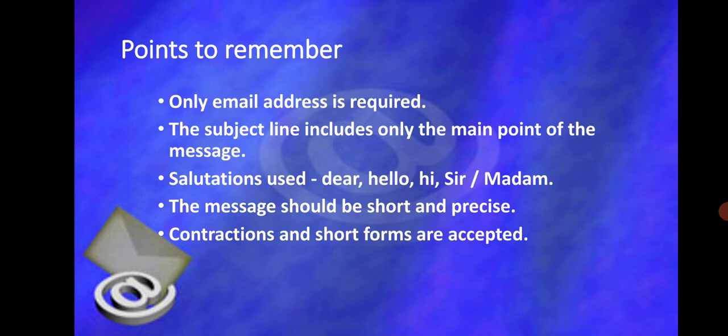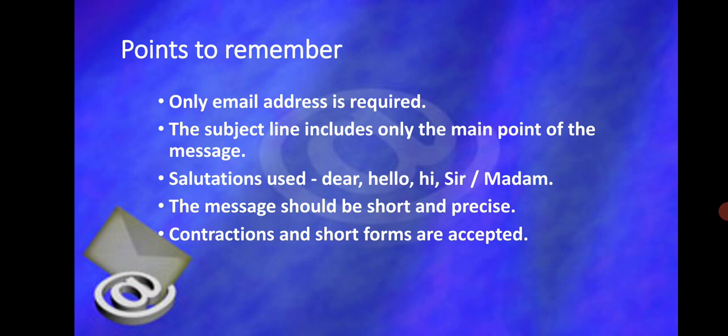It is also important to keep in mind that in letter writing we don't use contractions or short forms, but here contractions or short forms are accepted in emails. You can use short forms and contractions when you write email. You know what contractions and short forms are.